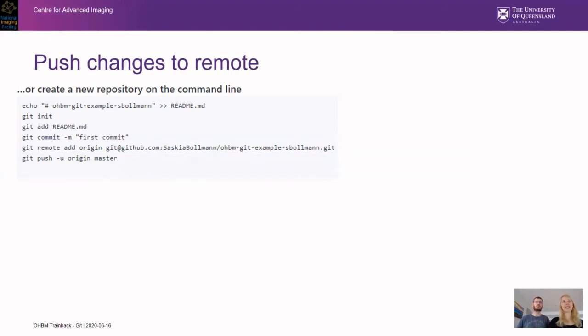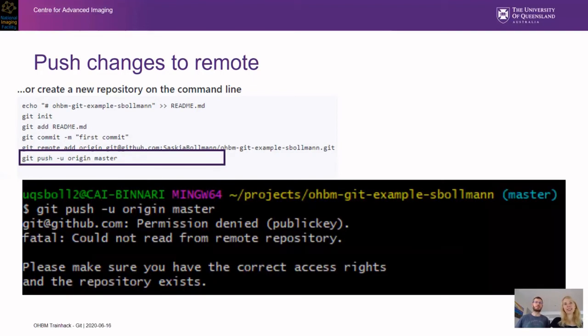And the last step is to push your repository up to GitHub. And when we do that, we will run into a problem because Git has some authentication. So your repositories are actually secured. When it's a public repository, not everyone can push changes to them, though everyone can download them.